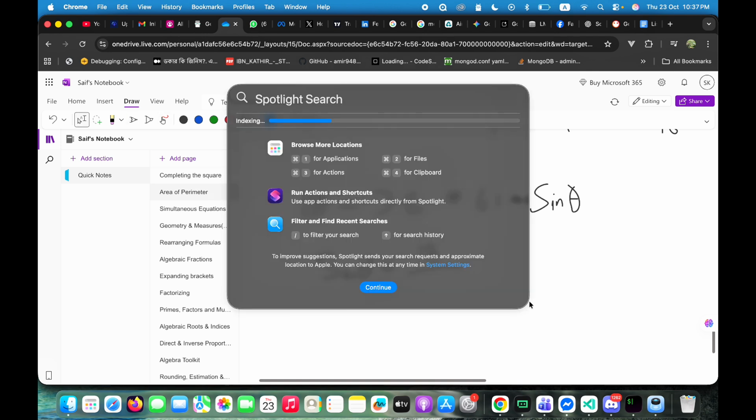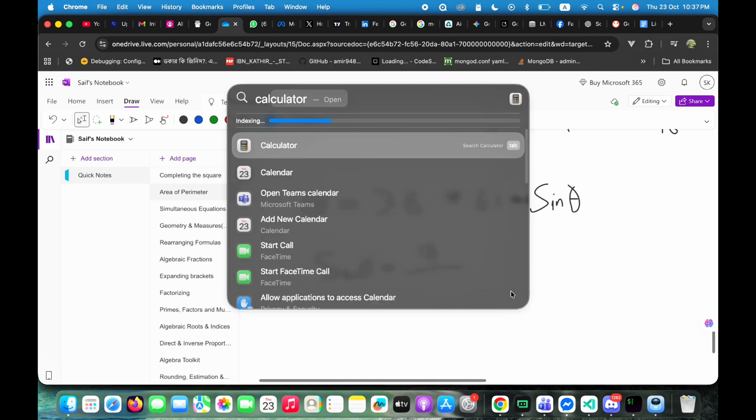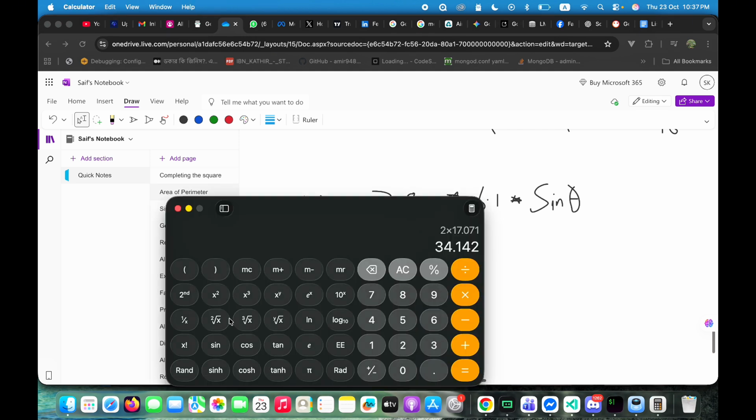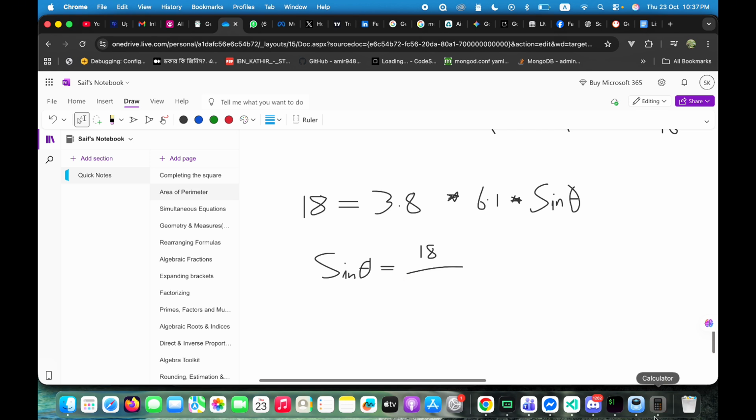Let me calculate: 3.8 multiplied by 6.1 equals 23.18. So 18 divided by 23.18.